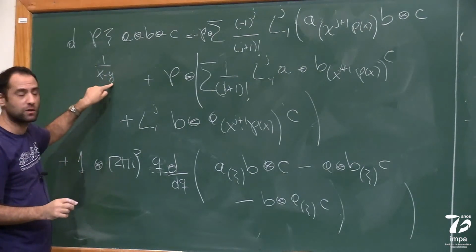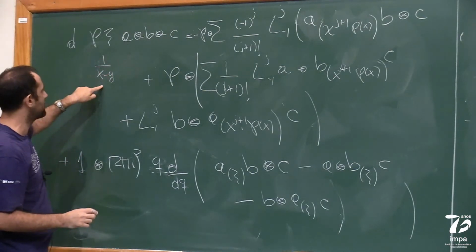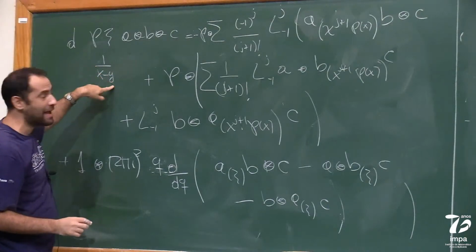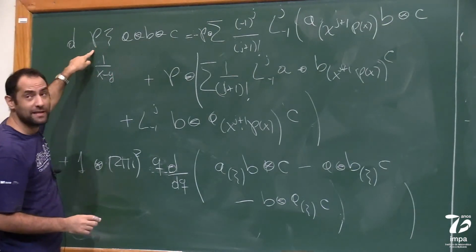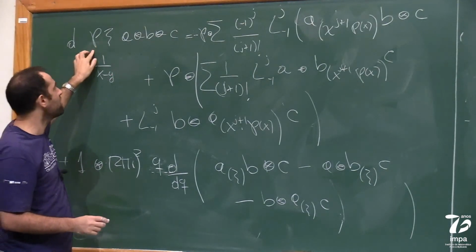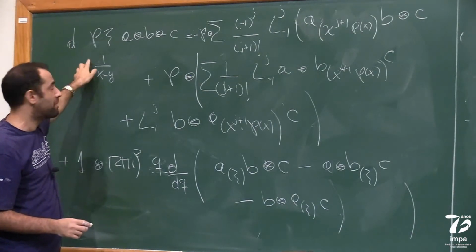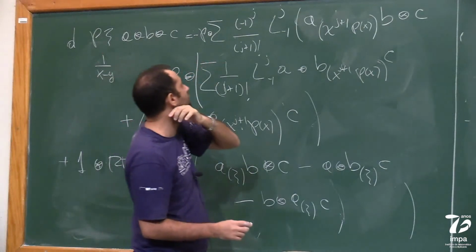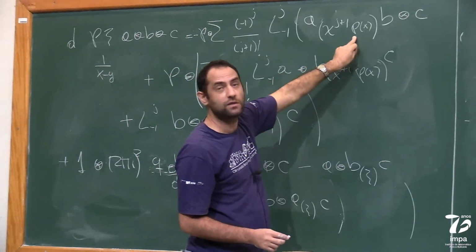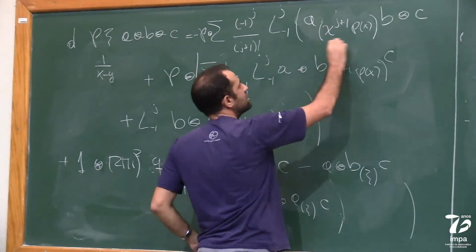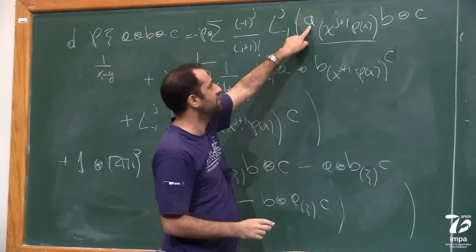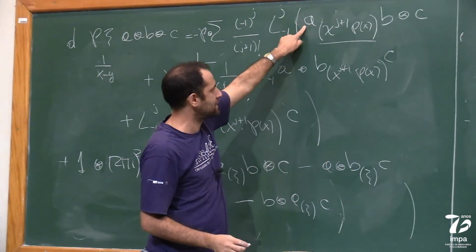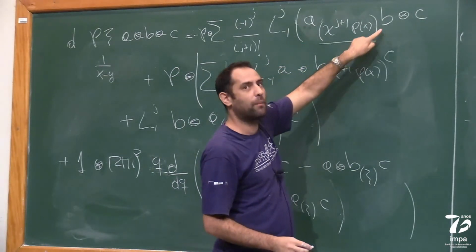So as x goes to y, I pick up a singularity, and then I need to expand this function, and then I had this other p function. So previously, I only looked at the singular part, but now, when I take the Laurent expansion of this product, I pick up the derivatives of these p functions, and that's what appeared here.